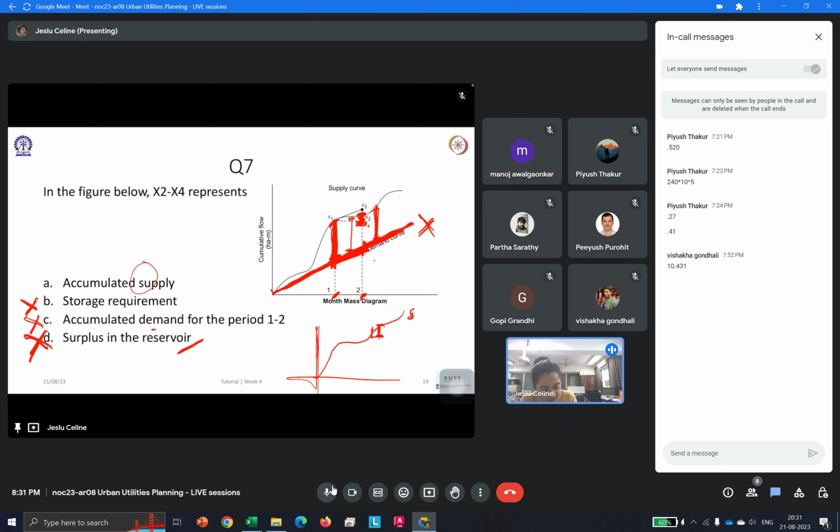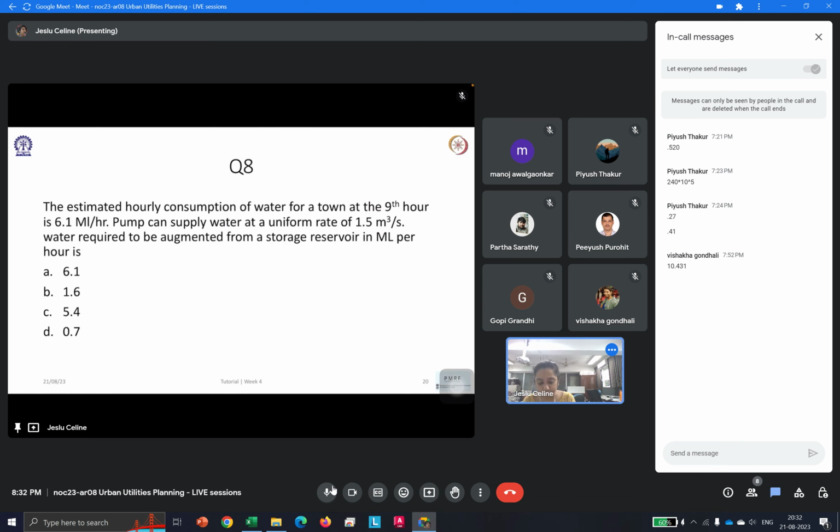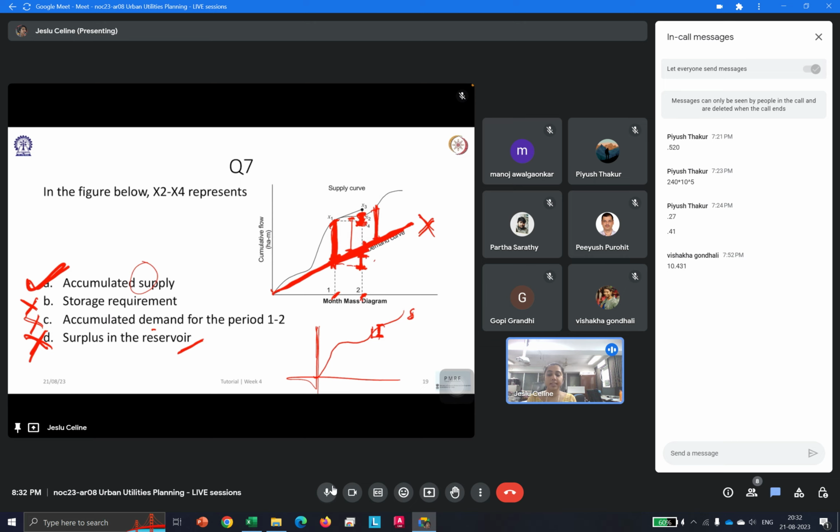Similarly, if we were asked what this line over here is, that will be the accumulated demand needed for that particular point of time. So the height from one point to this point will be the accumulated supply or demand. In this particular case, it is the accumulated supply. Is that clear? I'm sorry, I'm having a bad cold. Yeah. Is it clear?